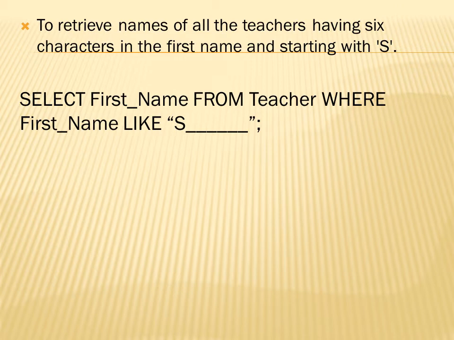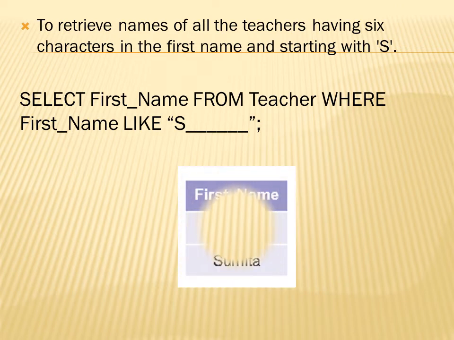It should be blank spaces, that is, space bar you have to press. Your dash is given, you have to put the space bars, and it should be inside the double quotes and semicolon. So what is the output you are getting? You will get the name of the teacher who has 6 characters and the name is starting with the letter S.